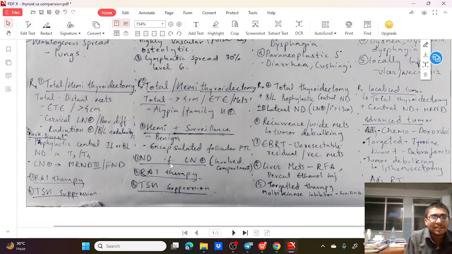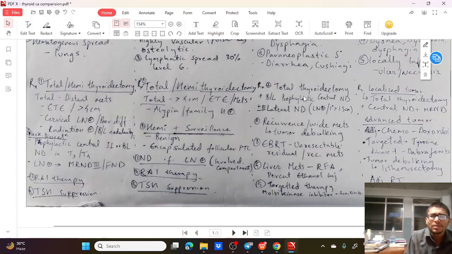Neck dissection is done if lymph nodes are positive, and only the involved compartment, generally level 6, the central compartment, is dissected. If the lateral compartment is involved, we again go for modified radical neck dissection type 3. Similarly, here we also use radioiodine therapy and TSH suppression.